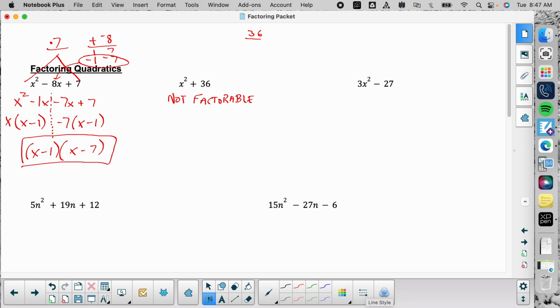If I write down the factors of 36, 1 and 36, negative 1 and negative 36, 2 and 18, negative 2 and negative 18, they always have to be the same sign, positive or negative. There's no way you can add to 0 with that. The only way you can add to 0 is if you have one of each. And so there are more factors, but it's impossible for you to add up to 0. Now, 3 does work, which is why I was thinking of going to 3 next.